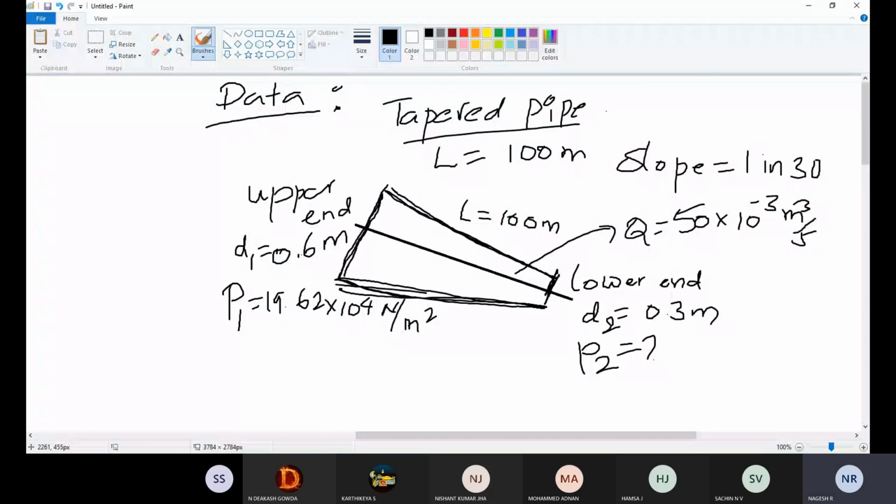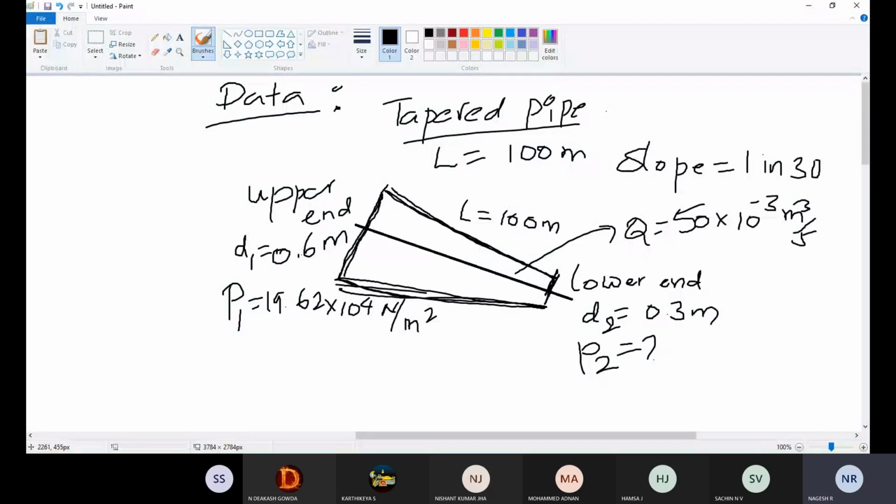Now see here, this is the given data. Is there any doubt in taking the data? Okay. The unknown term here, with respect to the previous problem, is the slope 1 in 30.